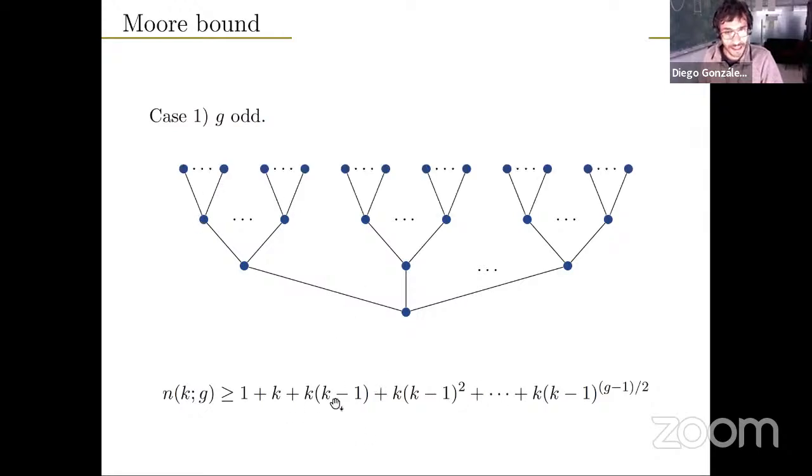In the next level, I have k times (k minus 1) vertices, and from each one of these vertices emerge k minus 1 neighbors. So I have k times (k minus 1) squared vertices, and so on. And I can do this until the vertices are at distance (g minus 1) over 2. So this is the Moore bound for the case when the girth is odd.